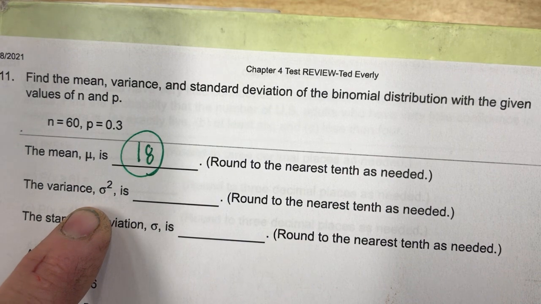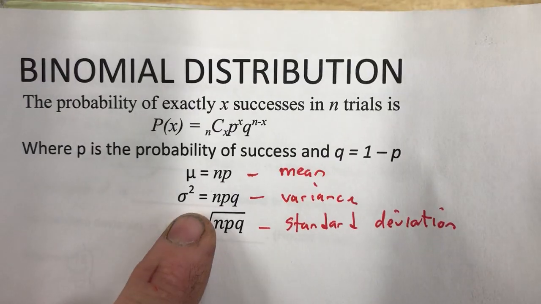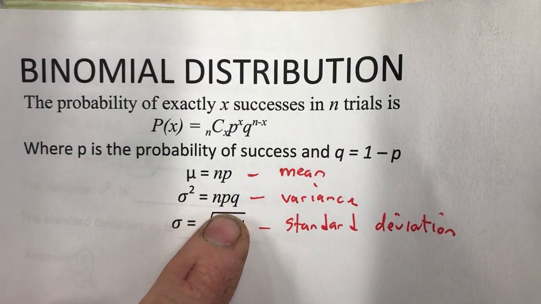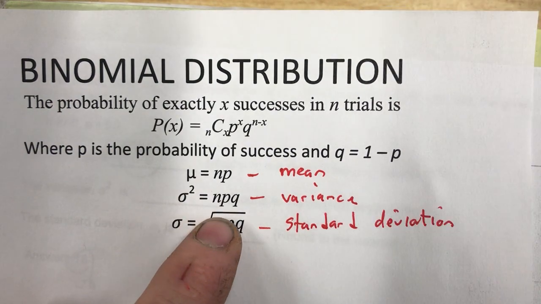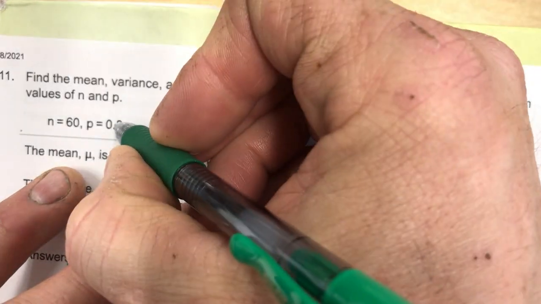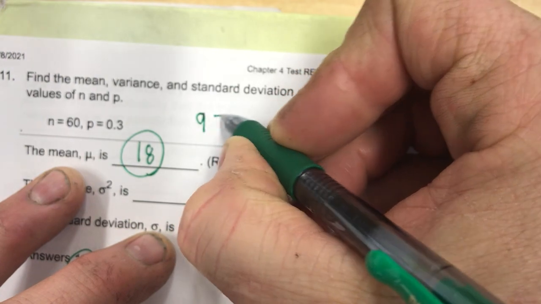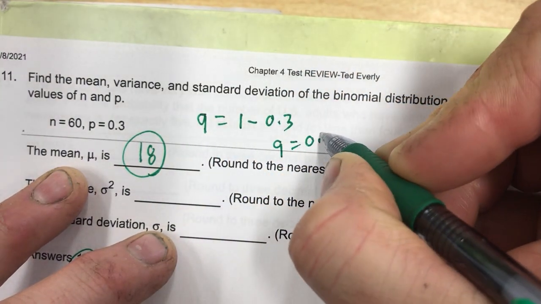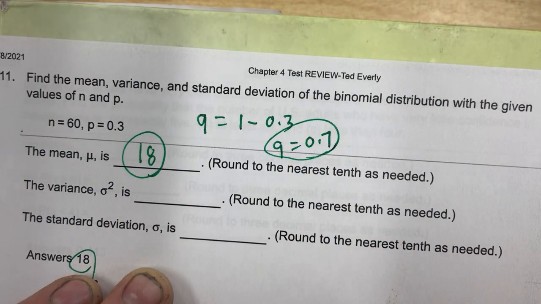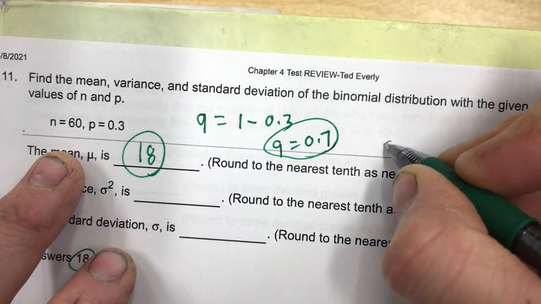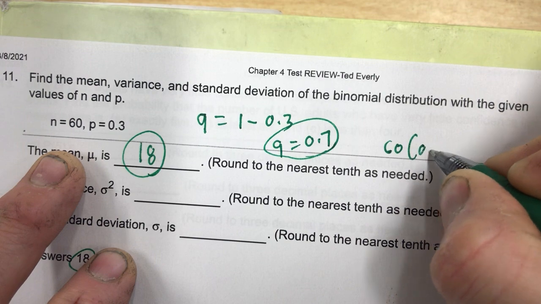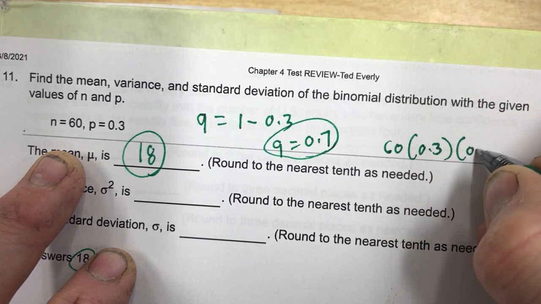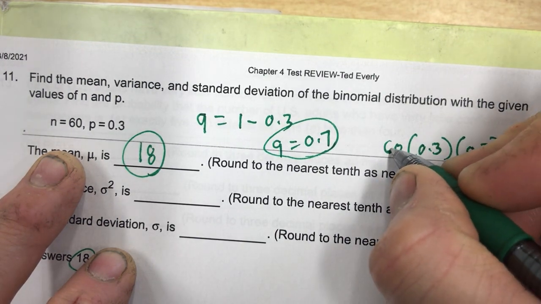The variance is going to be n times p times q. All right, here's p right there, 0.3. So q is going to be 1 minus 0.3, which means that's 0.7. So I'm going to do n times p times q, and this right here, this is 60.